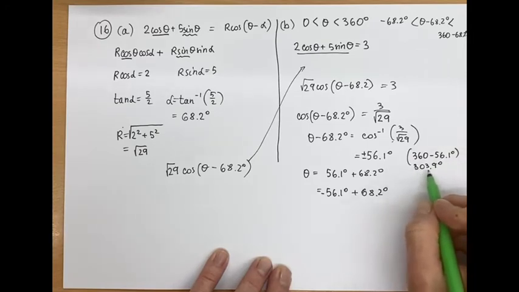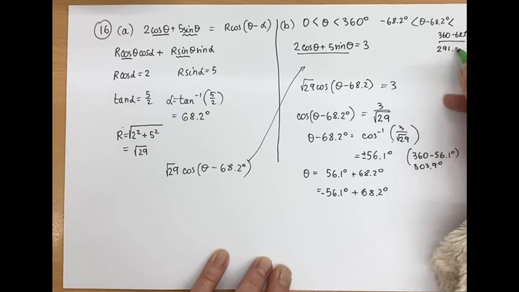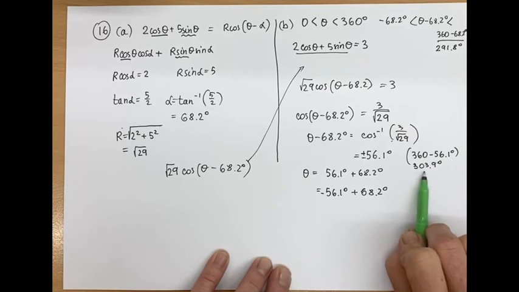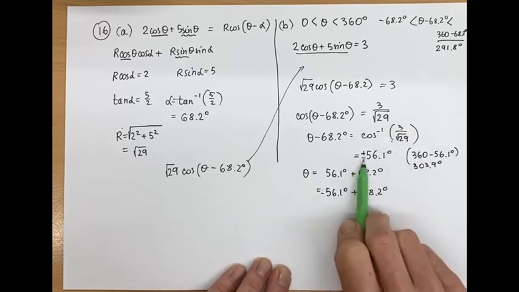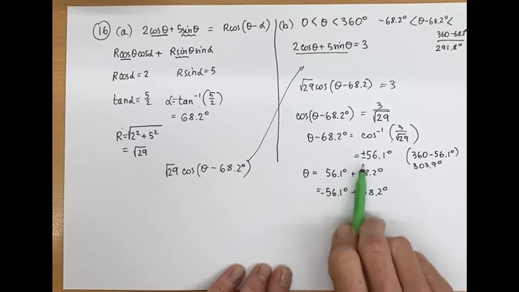Okay, so if this is our angle, you could see that here the range of values that we were solving for was 291.8 degrees or thereabouts. Well, this is outside the range, so you don't need to worry about this second solution. But we did obtain the second solution by considering the angle on the left-hand side of our principal angle.